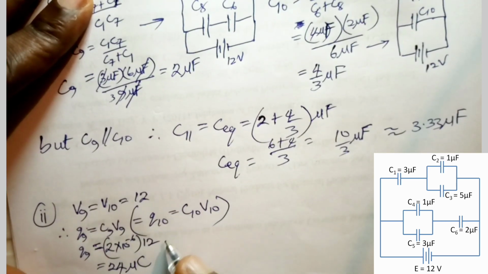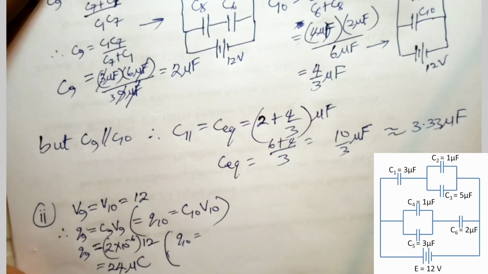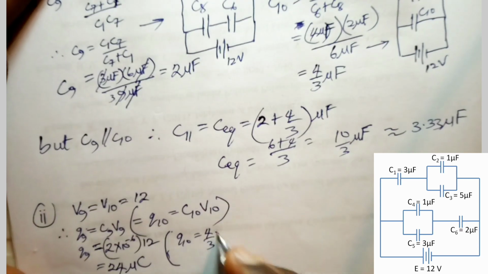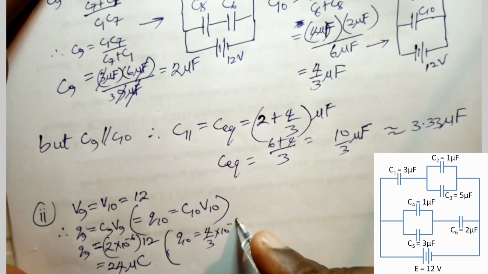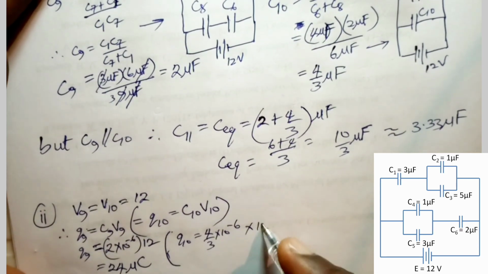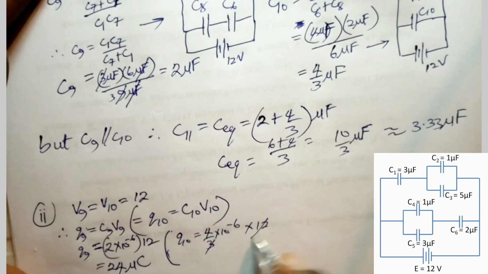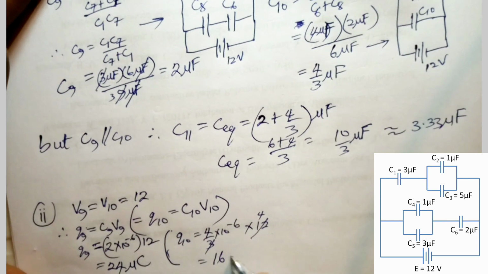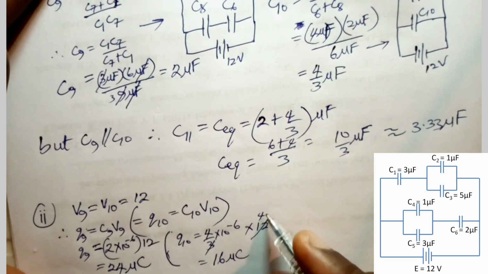Q9 is equal to 24 microcoulomb. In that manner, Q10 is equal to 4 over 3 times 10 raised to the power minus 6 times 12 volts. So you have 16 microcoulomb.